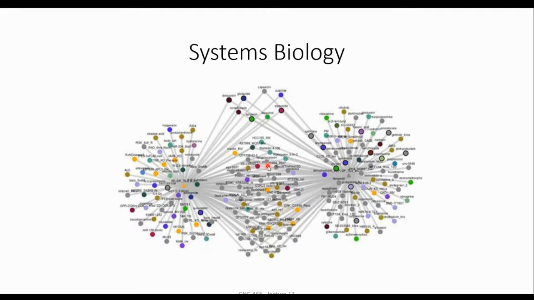Why do we do that? Because we are trying to understand about the function of, for example, several proteins together to understand why they are responsible for a specific task in our body, in our organism.